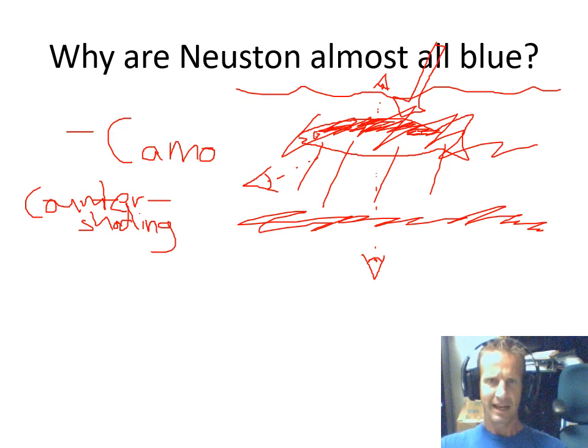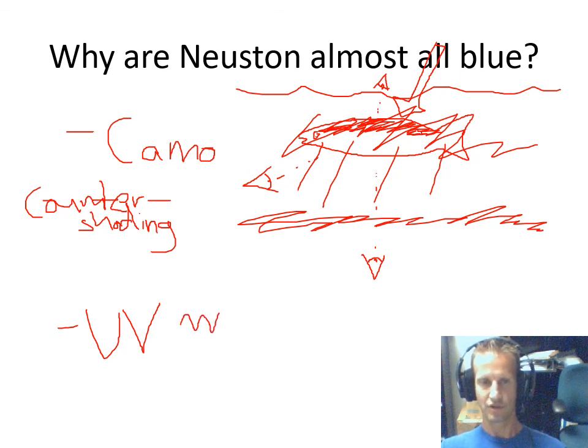Another reason to be blue is for UV protection. So the strongest and most damaging rays of the sun in the bright surface waters of the neustic zone are, I'm trying to remember if they're longer waves, or I think they're the shorter wavelengths of light, the blue and violet, and even the ultraviolet, which are the really short wavelengths of light.